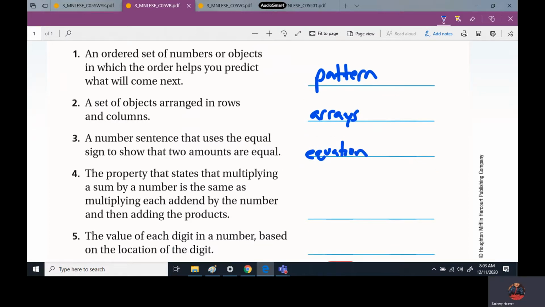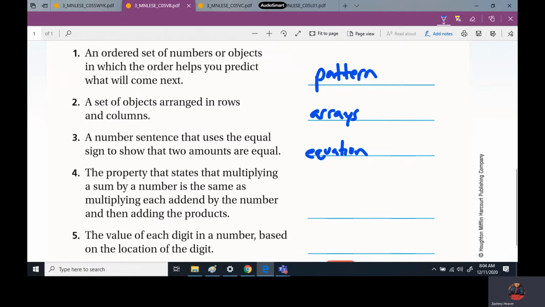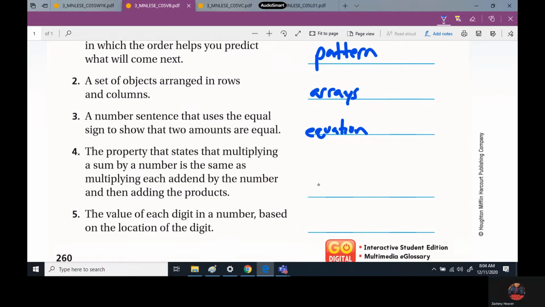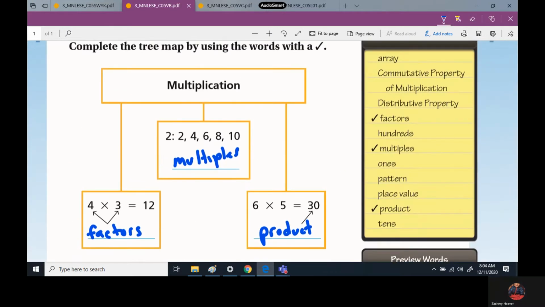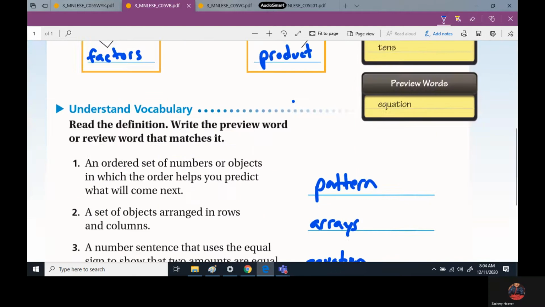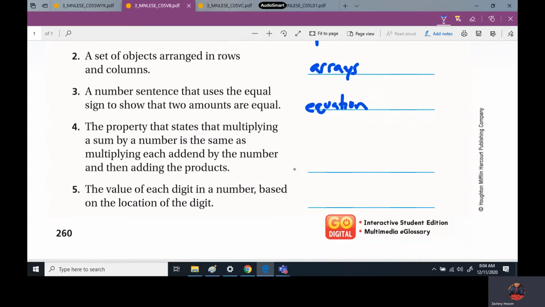The property that states multiplying a sum by one number is the same as multiplying each addend by the number and then adding the products. That's the distributive property.